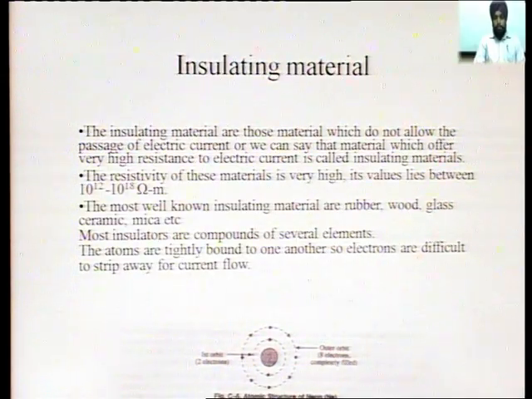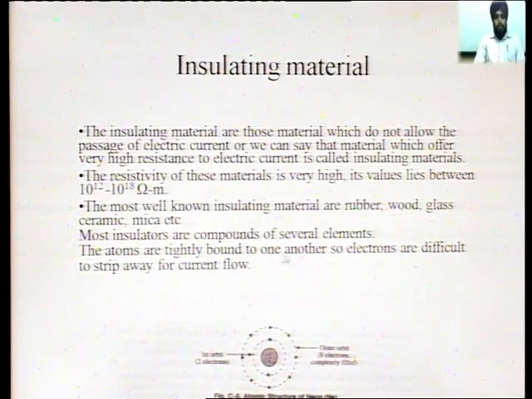Conducting materials allow the current, insulating materials do not allow the electric current to pass through them. The resistivity of these materials is very high, with values from 10 raised to 12 to 10 raised to 18 ohm meter. The most well known insulating materials are rubber, wood, glass, ceramic, mica, etc.